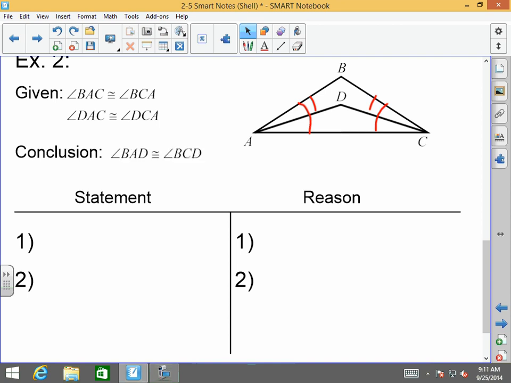Phenomenal, my brother. Angle BAD is congruent to BCD. Very simple. Why? If I put the two givens together in this case, BAC is congruent to BCA and DAC is congruent to DCA, that's given. Why would BAD be congruent to BCD though?